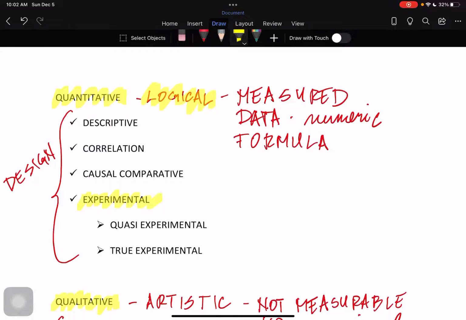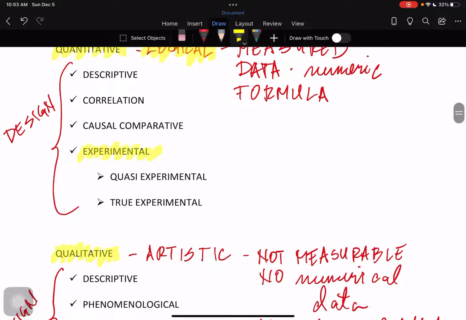Now, this particular research design, which is experimental, has two subtypes. You have the quasi-experimental or the true experimental. So quasi-experimental is where the groups of respondents were manipulated. You assign them and you make sure that they are comparable with each other.